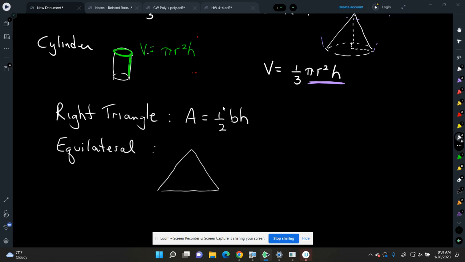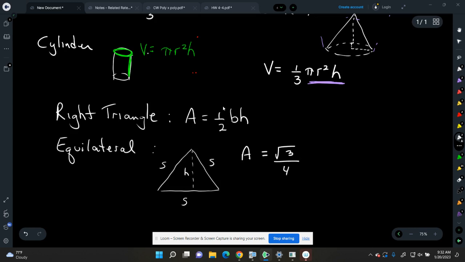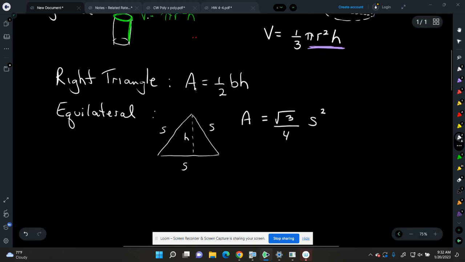So let's see here. S, S, S. This is H. The area is square root of 3 over 4 S squared. I usually forget the equilateral formula also.